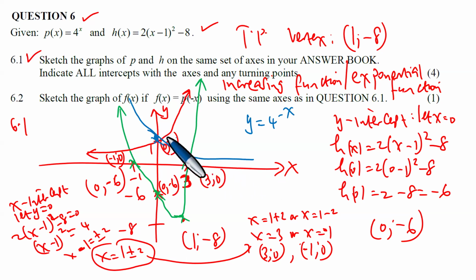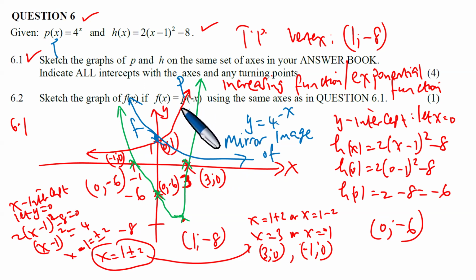Okay. So it becomes the mirror image of the exponential p, because this is p and then this is the other graph, which is f, where f of x is equal to p of minus x.